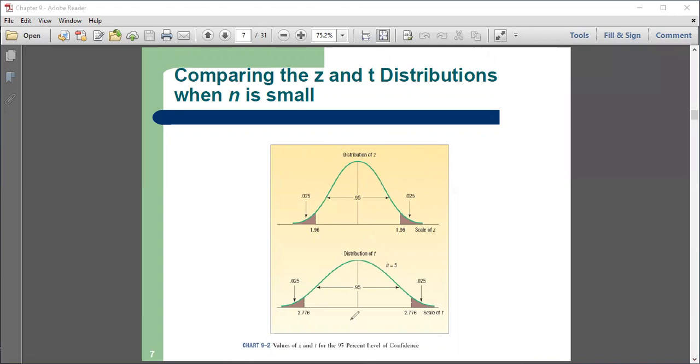So in a given confidence interval, which is 95%, alpha is on two tails, divided into 2.5%, or you can say 0.025 on both sides. So this is the graphical illustration for Z and T distribution when n is small.